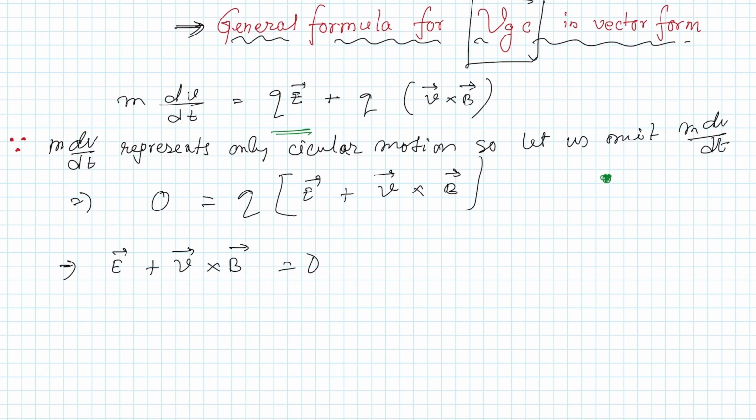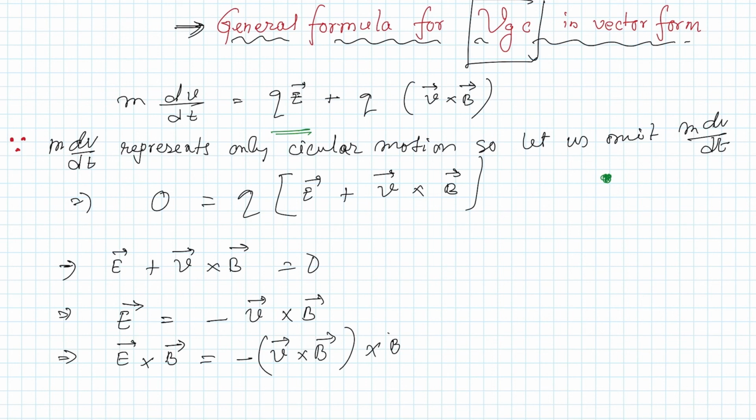Doing so we have got this equation. Then here you see this E vector we can write equal to minus v cross B. Then if we multiply by the B vector, we get E cross B equal to minus v cross B cross B.